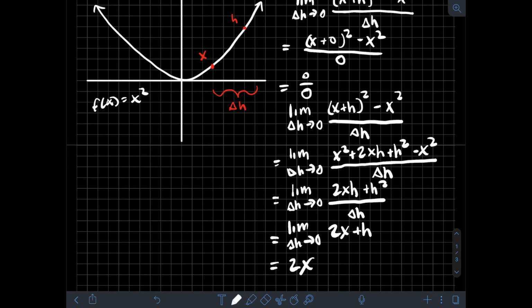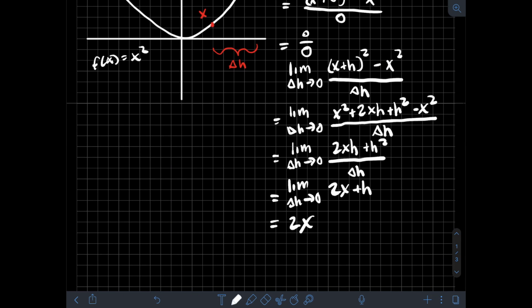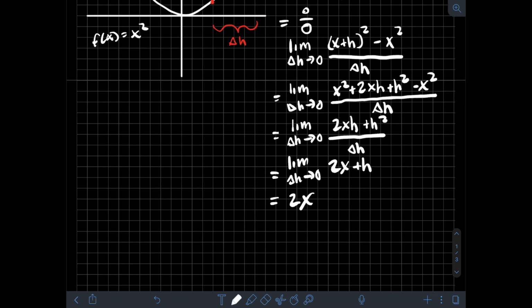So now what we've done is we've found a function which represents the derivative of our function at any point that we would want to calculate it at. So let's say we wanted to find the rate of change at x equals -2. All you need to do is plug in -2 for x in our function, and we'd get the rate of change.